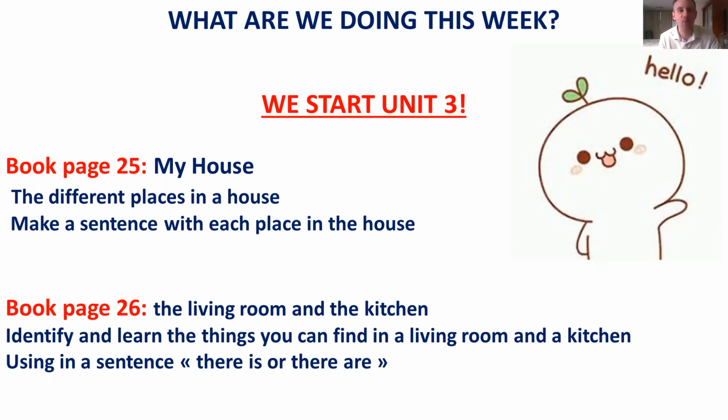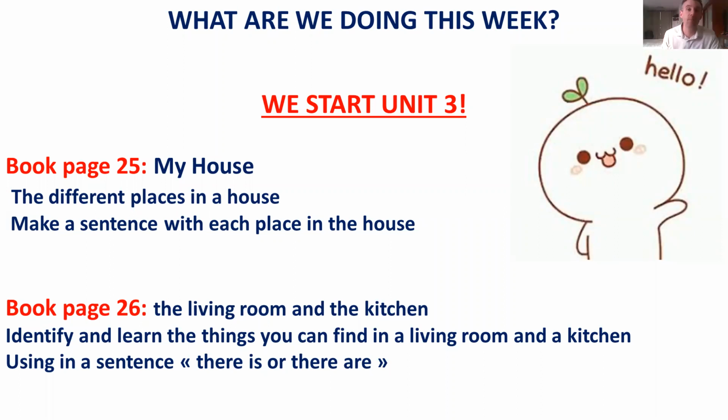First you will open your book, page 25, and we will talk about the house in general. So the title is My House. The different places in the house you will see on the picture, and you will make a sentence with each place in the house.